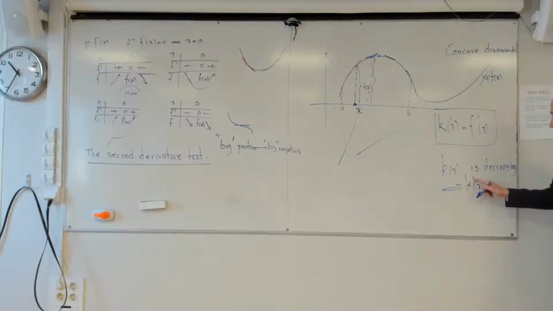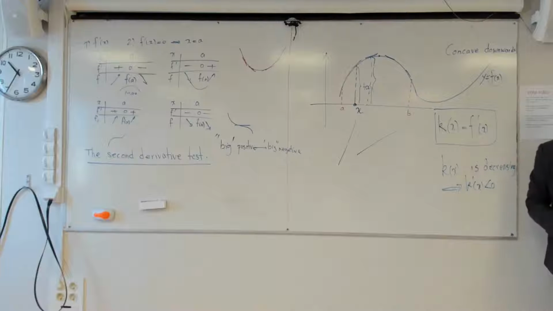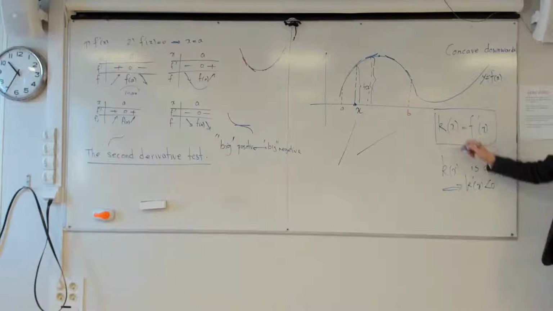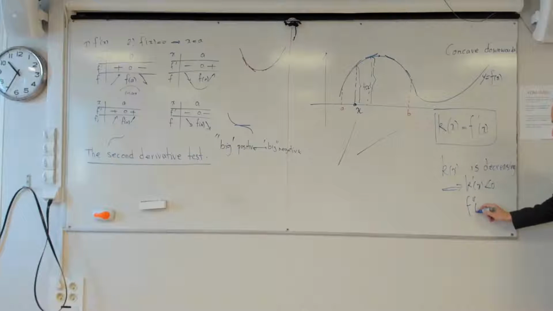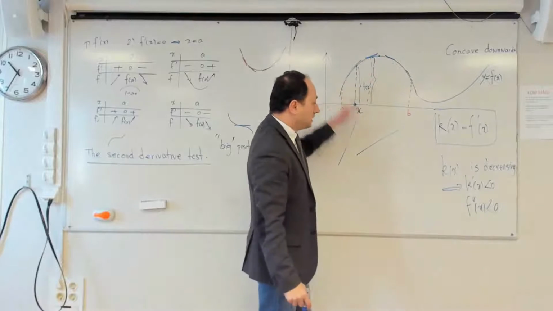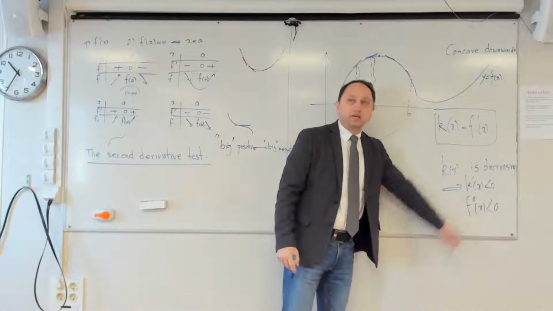But what is the derivative of k? The second derivative of f. Understandable? So k prime is negative, but k is f prime. So k prime is f double prime. So this is why when you are on this part, the second derivative is negative.